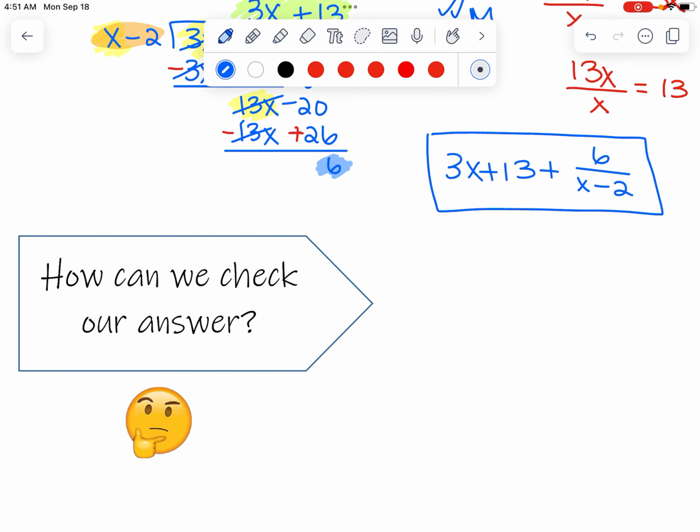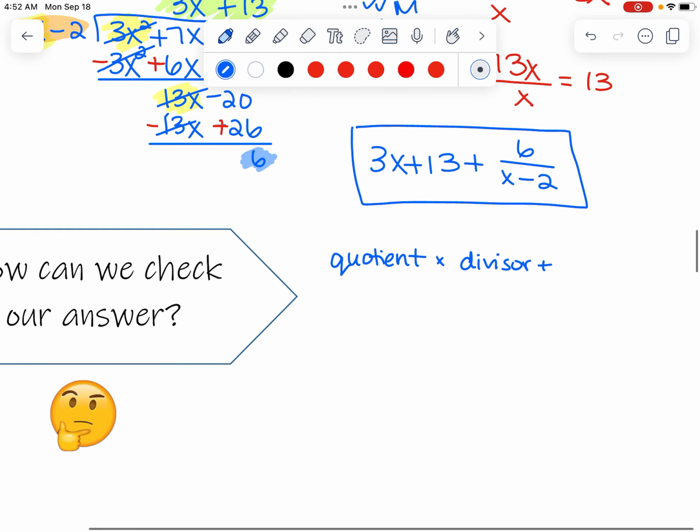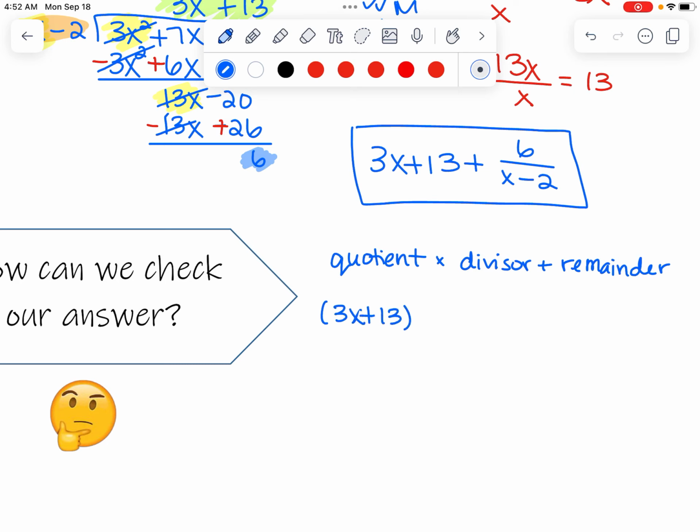And how can we check this? You can always check by taking your quotient, multiplying it with your divisor, and then add back your remainder. So let's do that. So the quotient was 3x plus 13. The divisor was x minus 2. And then so I don't forget, at some point I'll need to add back in that remainder of 6.